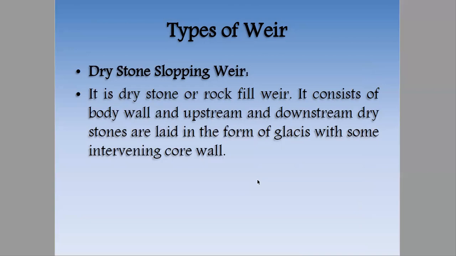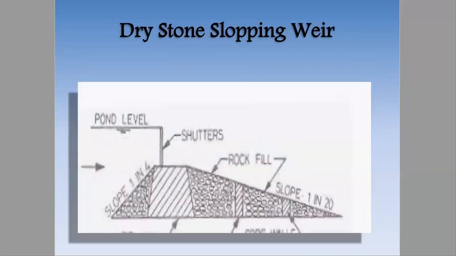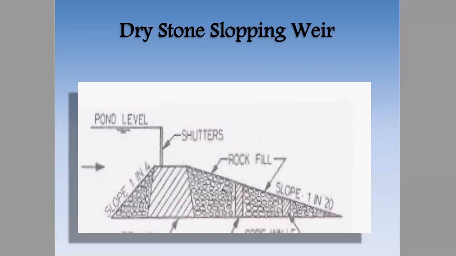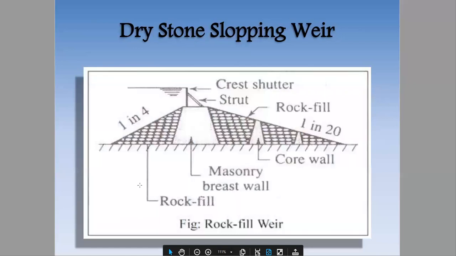You can see in this example, I'm sorry, the images are not quite clear, but here you can see both the upstream and downstream sides are laid with core wall here and also here. This is grass, this is trust, this is rock fill.